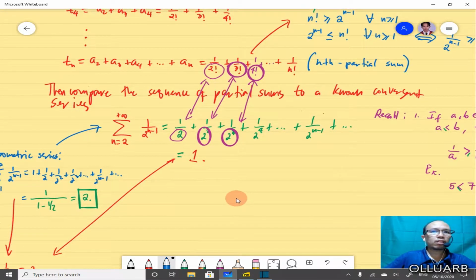This means that the geometric series summation of 1 over 2 to n minus 1, where n starts from 2 to positive infinity, the sum is equal to 1, then it means to say that the upper bound for the sequence of partial sum is 1.